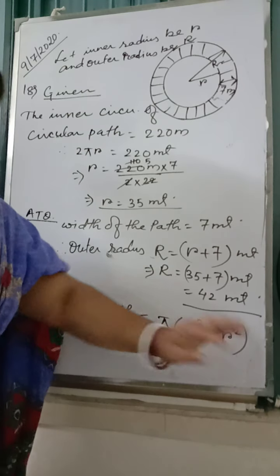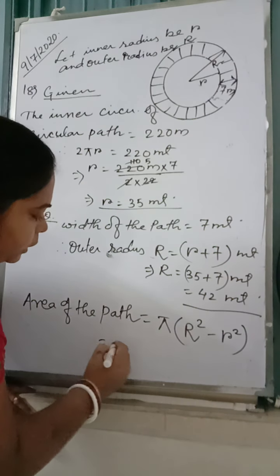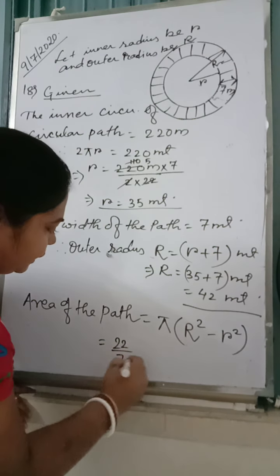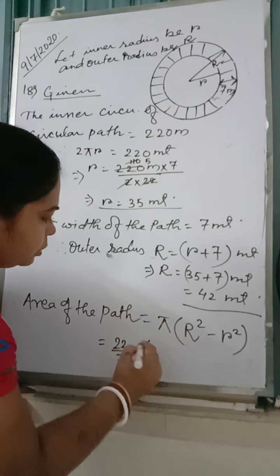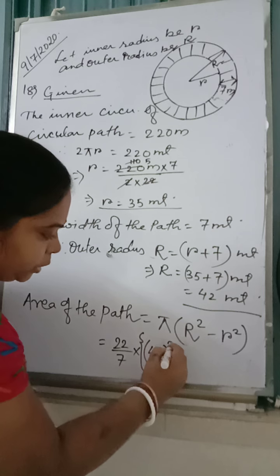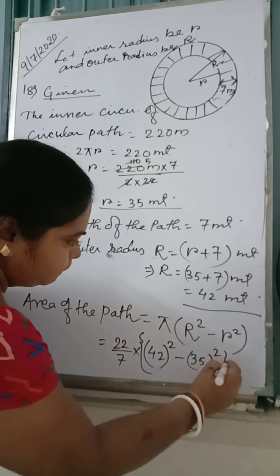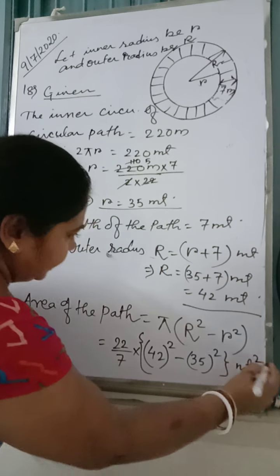Capital R square minus small r square, or outer radius square minus inner radius square, is the formula for the area of concentric circles. Now we have 22 by 7 into 42 square minus 35 square meter square.